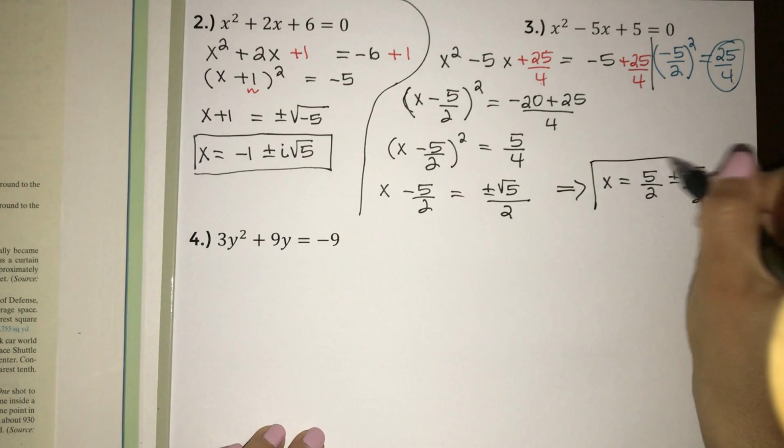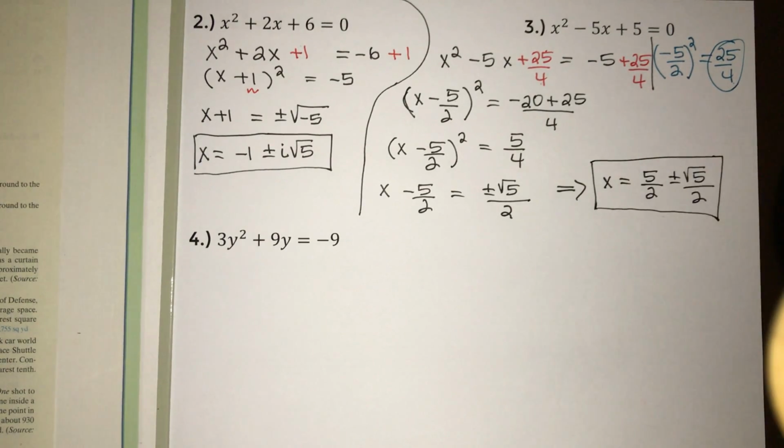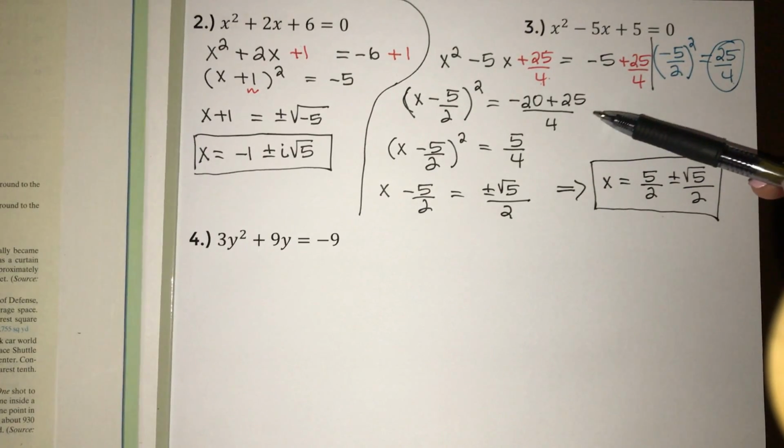This is our final answer. So again, there are 2 solutions here. And that's it. So we have that for number 3. So we just had to be a little bit careful because we were adding a fraction to both sides and we needed to get a common denominator.